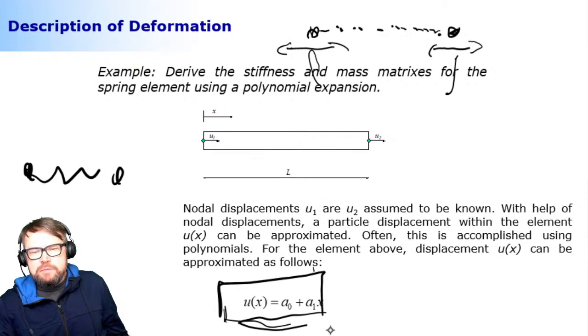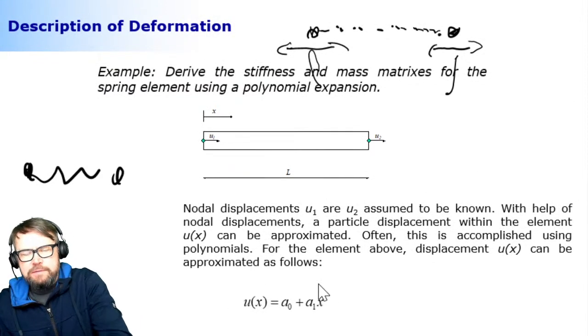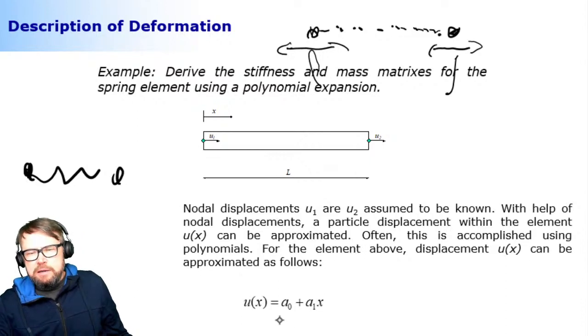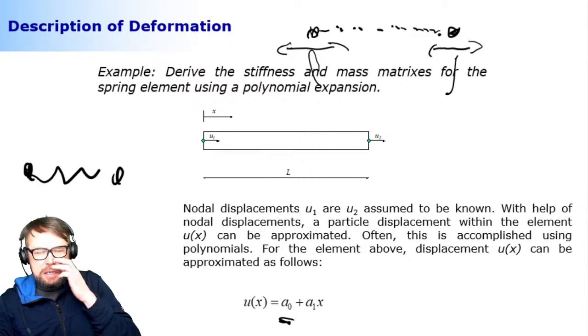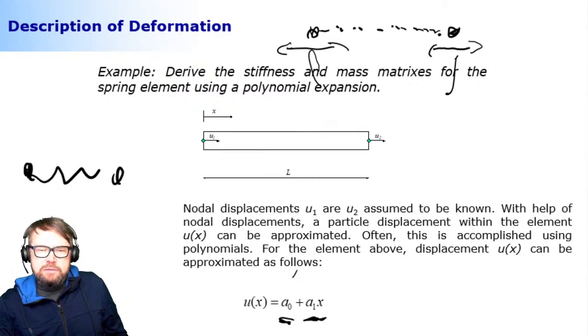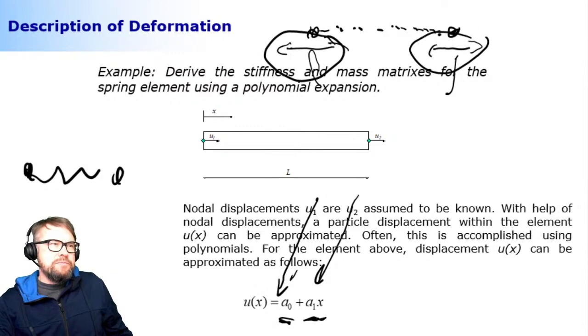It will be a polynomial expansion such that there is, first of all, a constant parameter, and then there is the one that is multiplied by x. So this is going to be a polynomial with two unknowns. The unknowns are a0 and a1, and they correspond to the nodal degrees of freedom, the ones that are in this system.